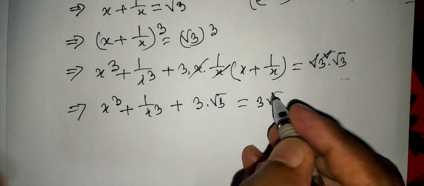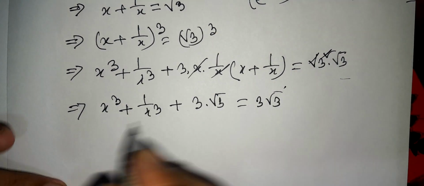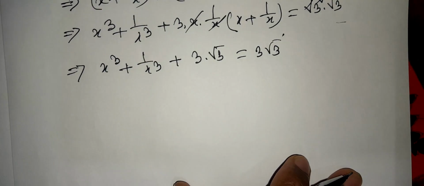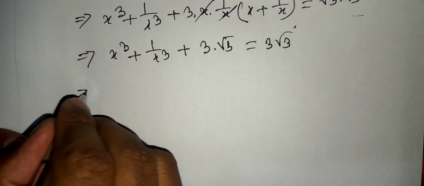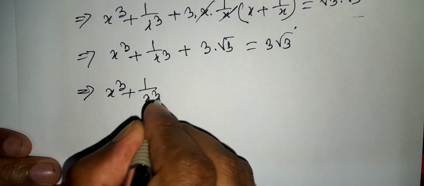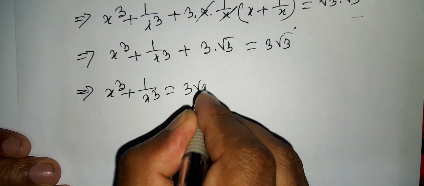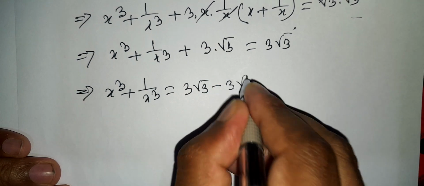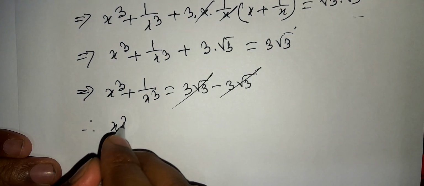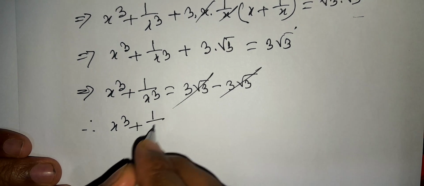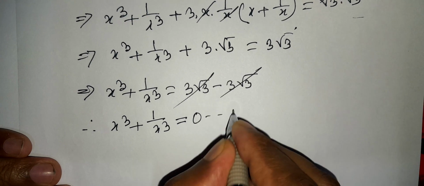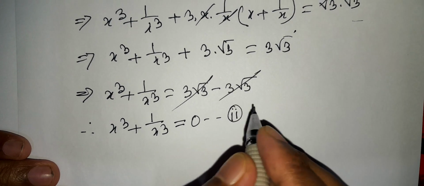Here we transfer 3 into root 3 from left side to right side. x cube plus 1 by x cube equals 3 root 3 minus 3 root 3, which cancels, so x cube plus 1 by x cube is equal to 0. Equation number 2.